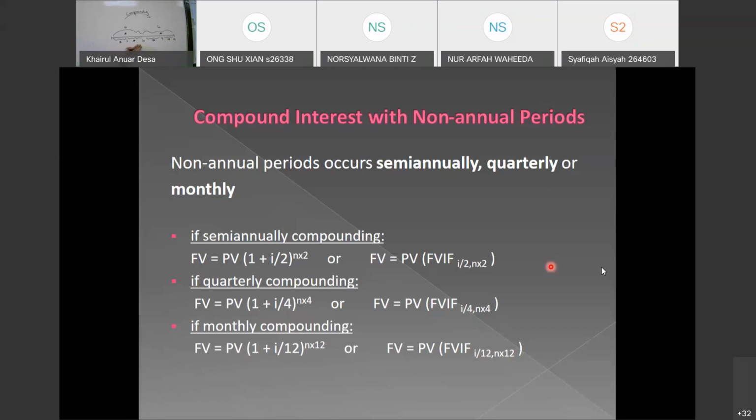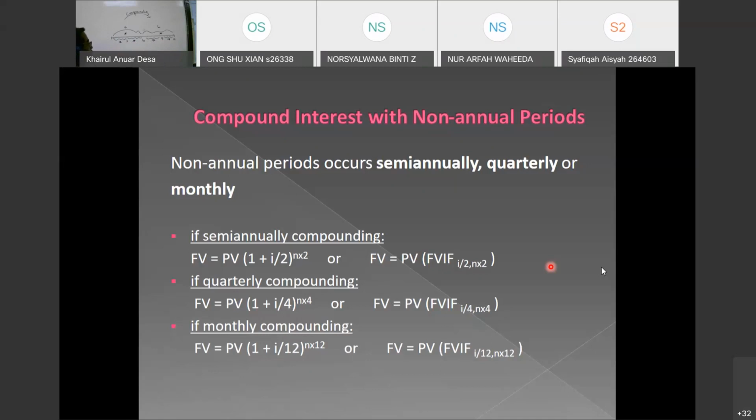So kalau anda lihat di sini dia ada 4 kali, setiap 3 bulan, every 3 months, ataupun setiap suku tahun, 1, 2, 3, 4, 1, 2, 3, 4. That's why the interest rate is divided by 4 and n, or the years, times 4.